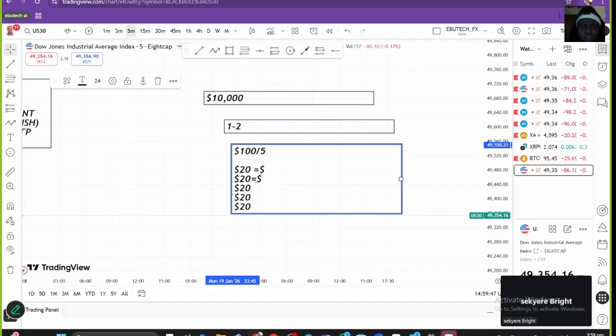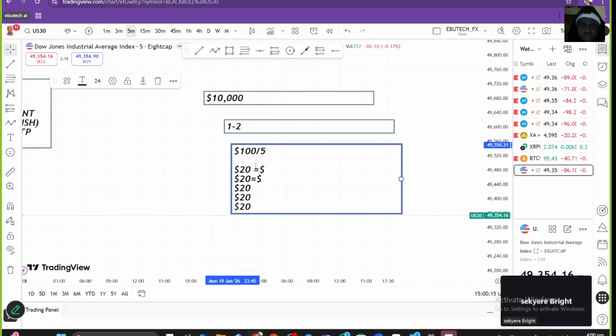Once we place a trade, remember our risk to reward is 1:2. Any trade that is not 1:2, we are going to ignore it.